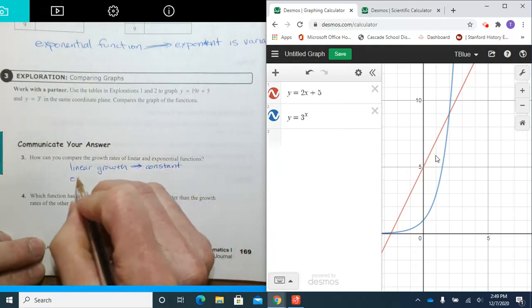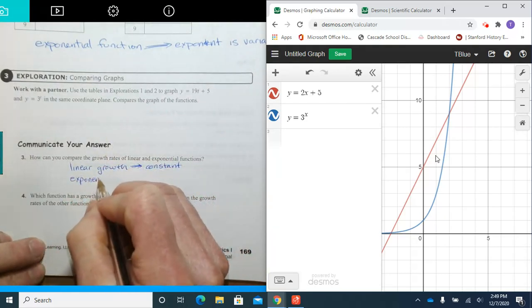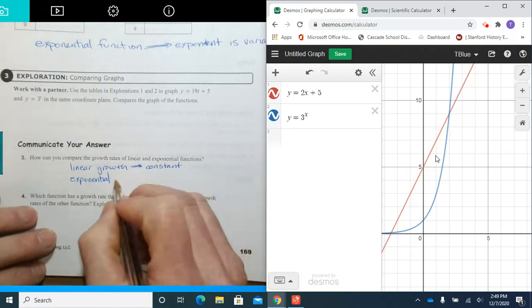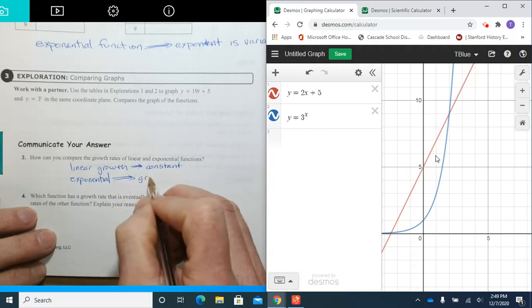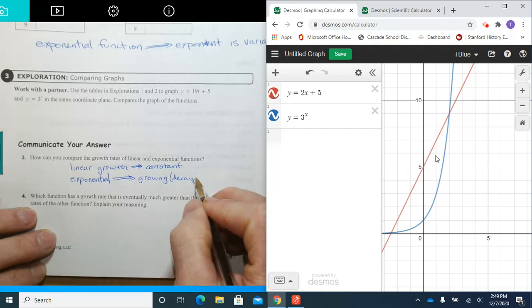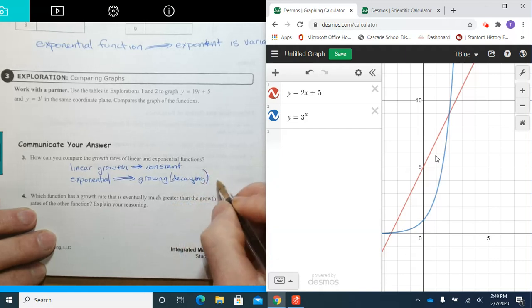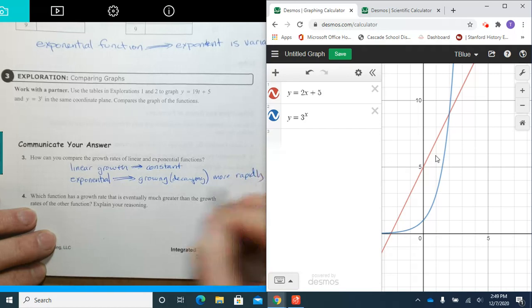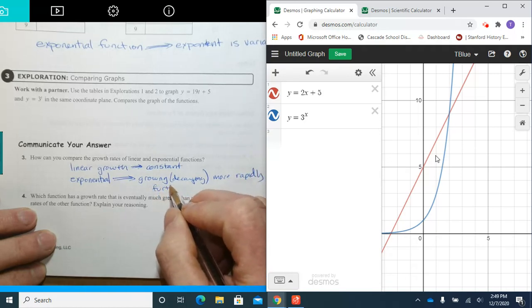And then exponential growth or decay is growing or decaying more rapidly the further along it gets.